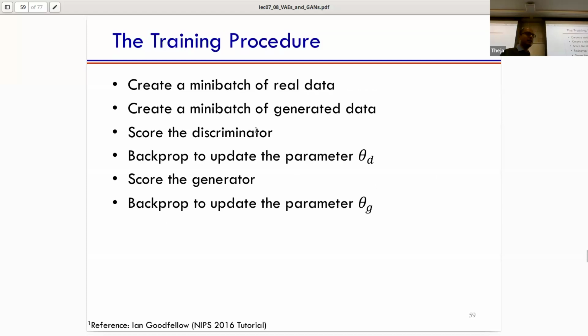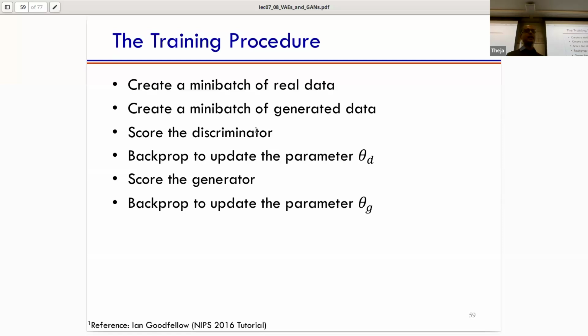Okay, so given that, we have covered the objective function, and we have covered the game aspect here. Next, let's briefly discuss the training process.